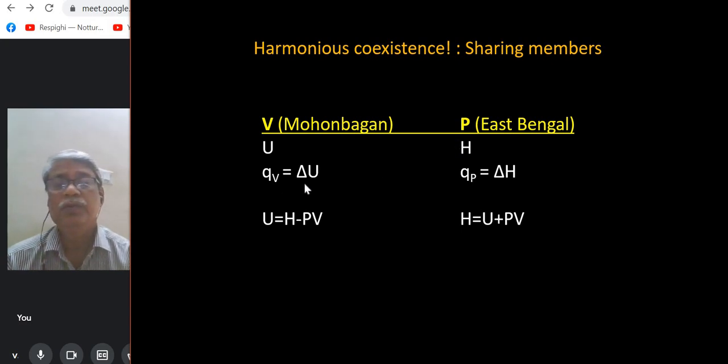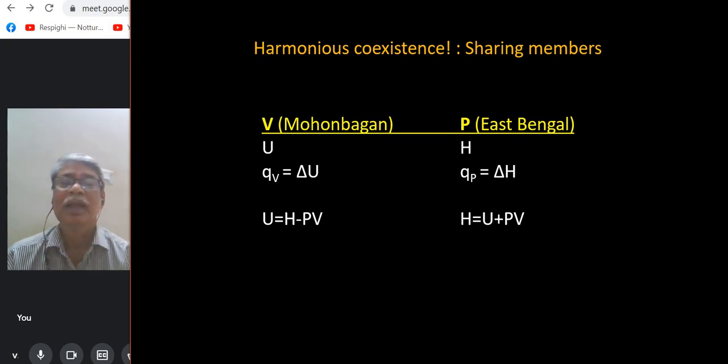So as we have seen, QV is delta U and QP is delta H. So U and H are evenly distributed among two clubs. Not only that, U and H have a relation. If we just rearrange, then you see that U is replaced by H, H is replaced by U, P and V by V and P, with a minus sign changed to plus, right? So it's very clear how I am flipping over the variables U and H, P and V, and plus and minus.